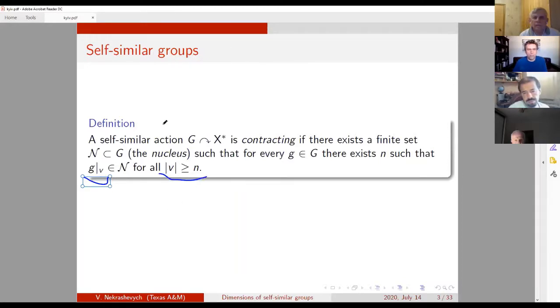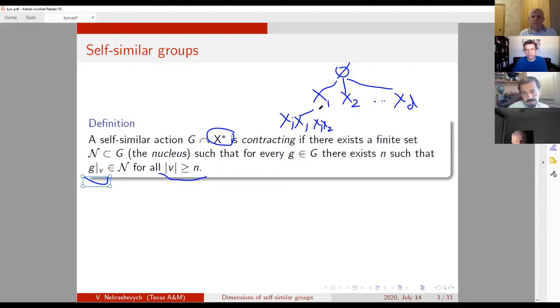So we usually imagine this set X star, the set of words, as a tree. You have the empty word at the root, finite words of length 1 on the first level under this root, then words of length 2 on the second level, so that a prefix is a parent of every word below.